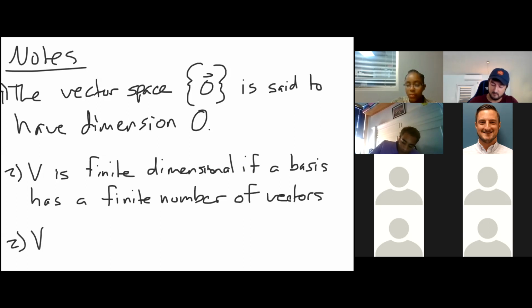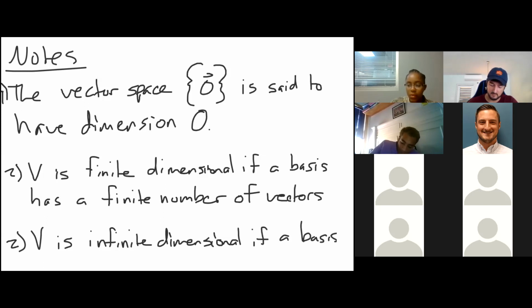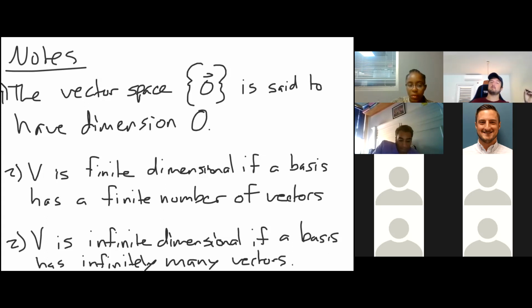And second, on the flip side of that, it's infinite dimensional if a basis has infinitely many vectors. So there are both finite dimensional and infinite dimensional vector spaces.